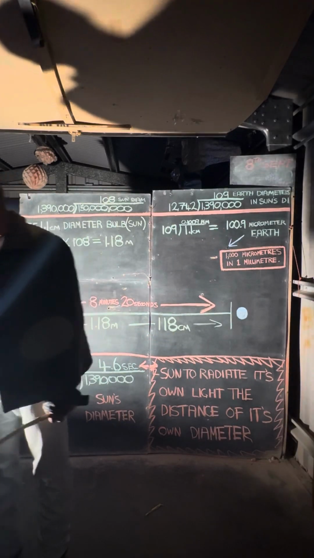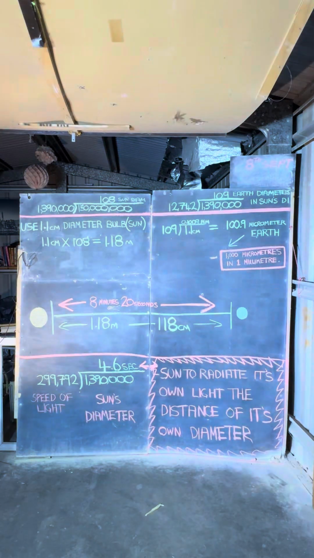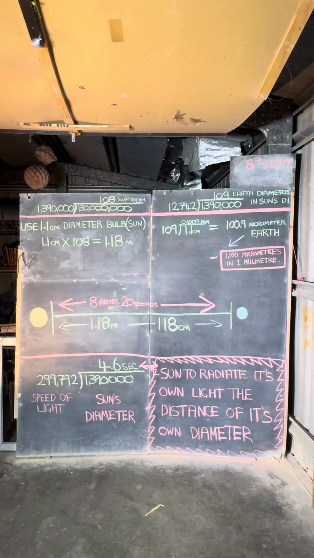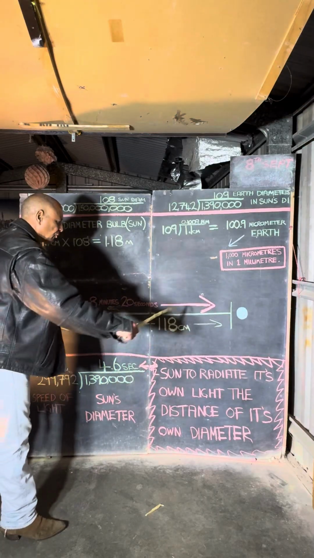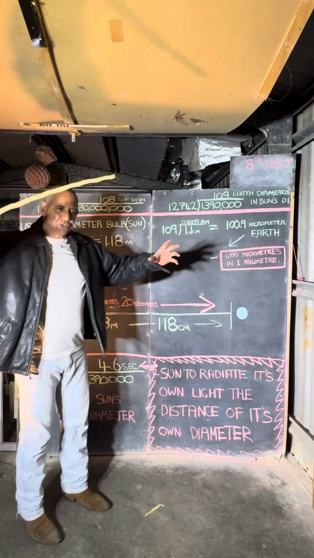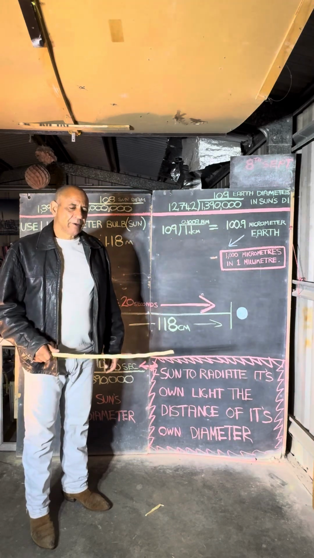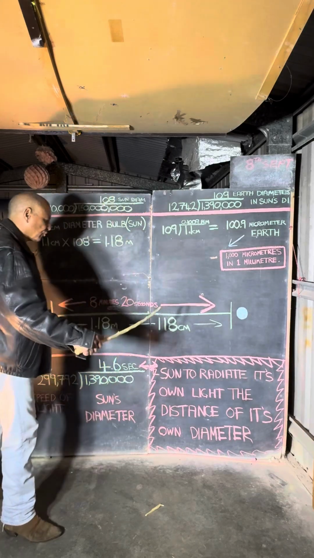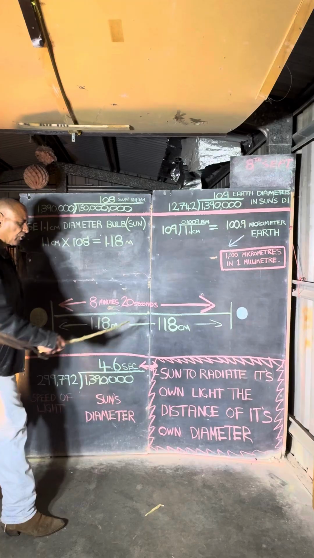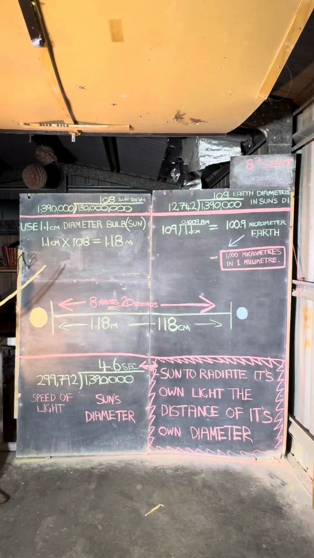But it is perfectly to scale. And because it's perfectly to scale, the time is perfectly to scale as well. So the time is still going to be 8 minutes and 20 seconds. All I've done is reduce the size of the light source and planet Earth. The time remains the same, right? It's to scale. We're not changing the time, it's the time that we're trying to show how stupid it is.